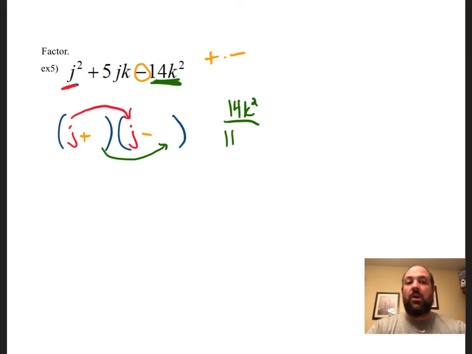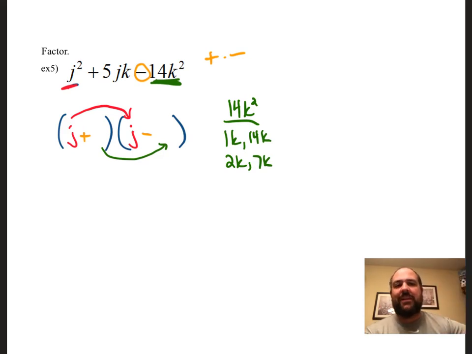We could have 1k and 14k, or we could have 2k and 7k. As you go through, if you're writing out your factors, you can save some time on the guessing and checking by comparing your factors to what you should end up with in the middle term. The middle term here should be plus 5, so I'm looking at which of these two sets of factors can combine to give me 5 in some way.